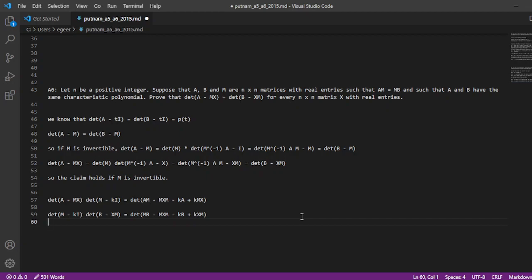I also think this idea of shifting by k is actually not going to work. Basically, we need some kind of non-invertible analog of one matrix conjugating something to another, but it seems difficult to get a handle on that.